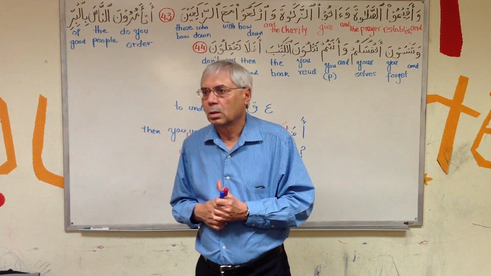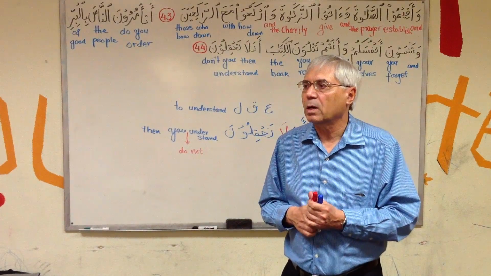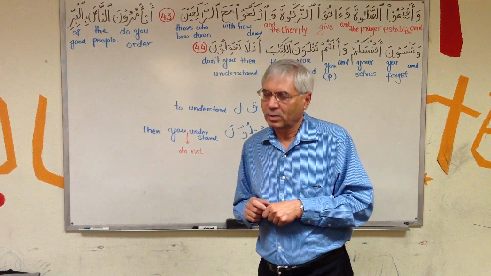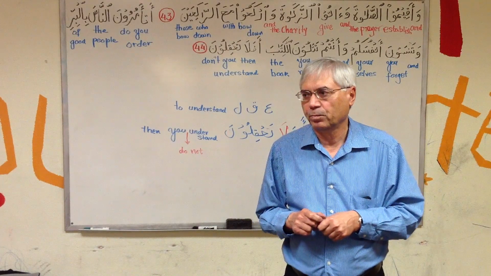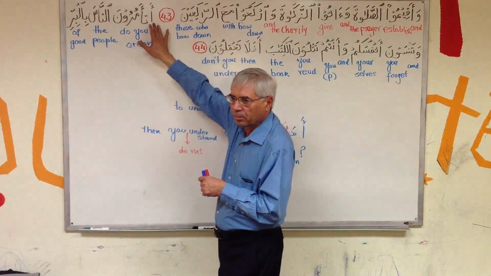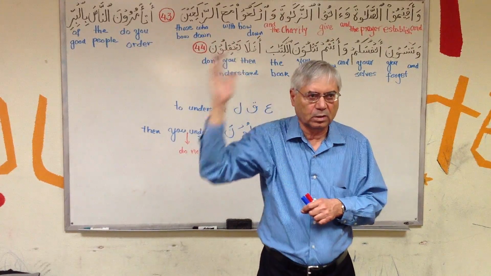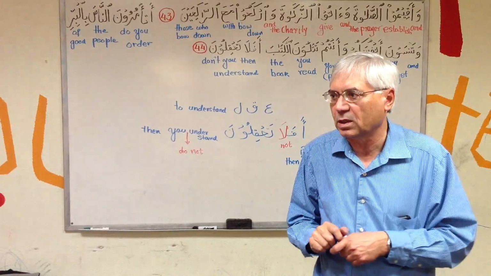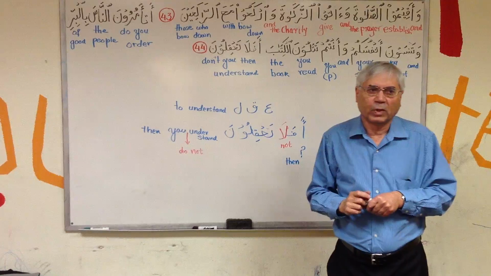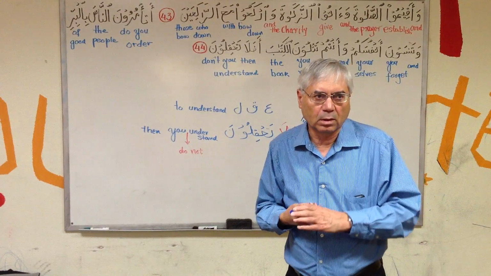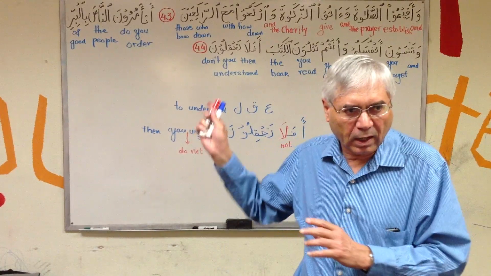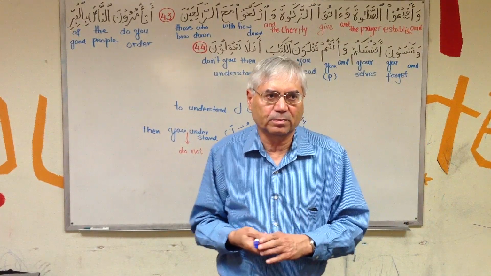Wa aqimu as-salata, right? No, but that alif is a part of the four-letter word, part of the bab. Here, this alif has nothing to do with ta'muruna. It is just like in English, you are putting a question mark after the sentence. You need to know Arabic. Like ara'ayta, again alif, did you not see? It's a question mark.